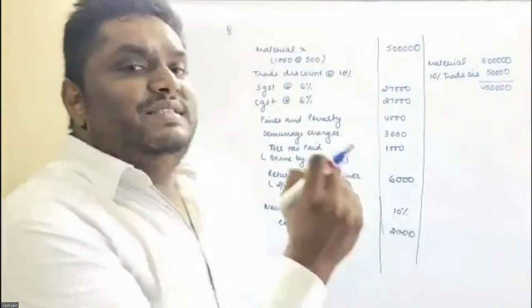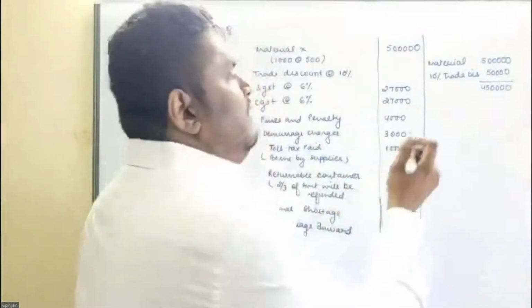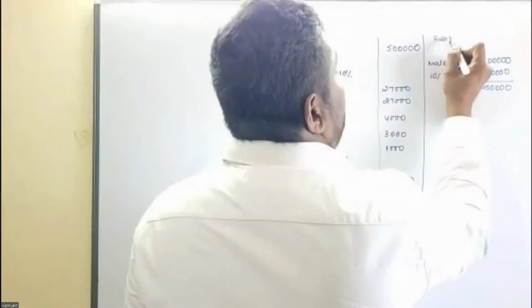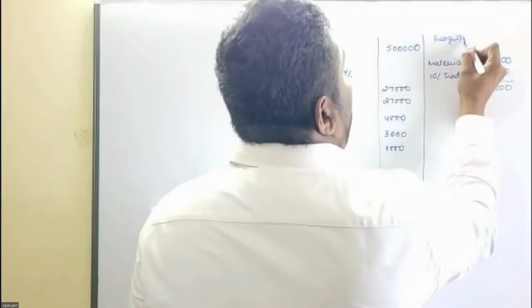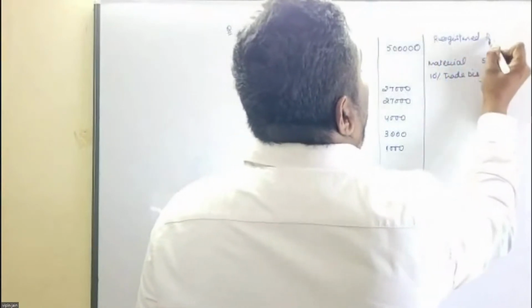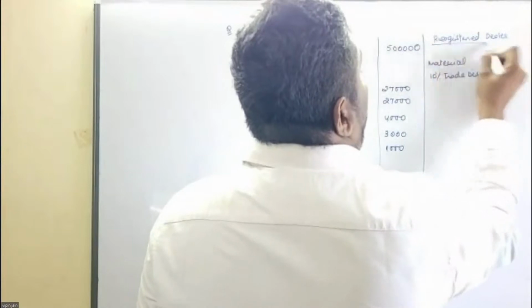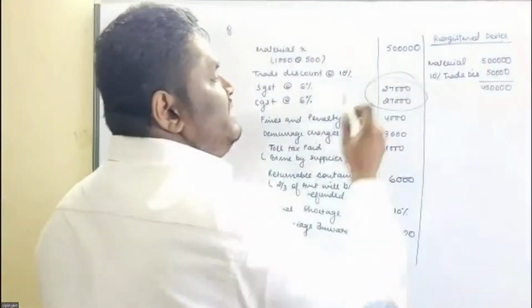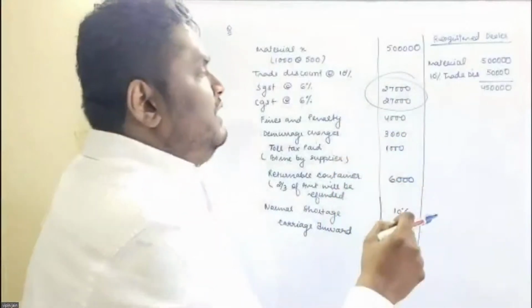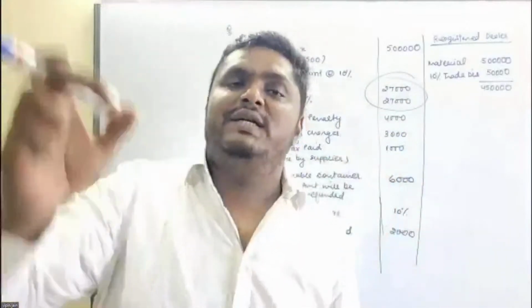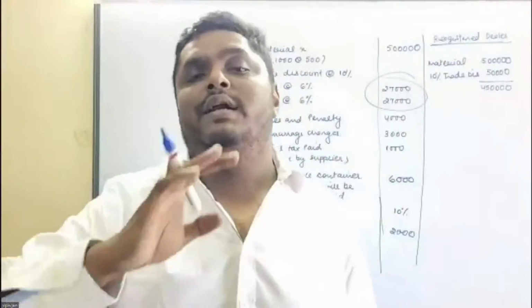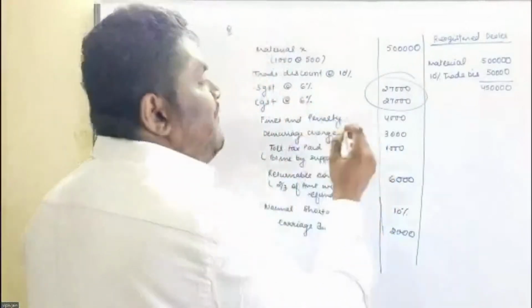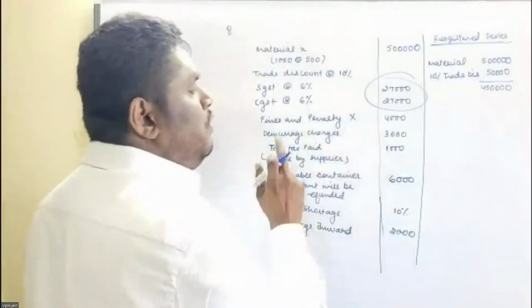Now, since the dealer is a registered dealer, what if in case of registered dealer? Since the dealer is a registered dealer, GST credit is available. Therefore, 54,000 is not to be added and not to be deducted. Better ignore it. Now, fines and penalties we have to ignore.